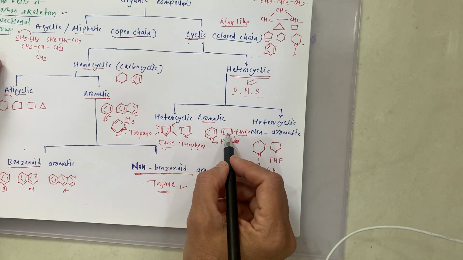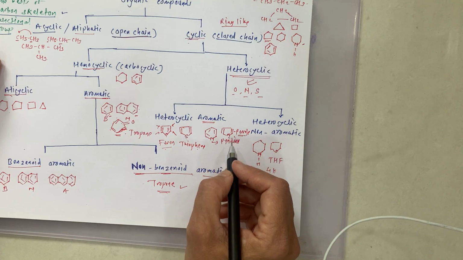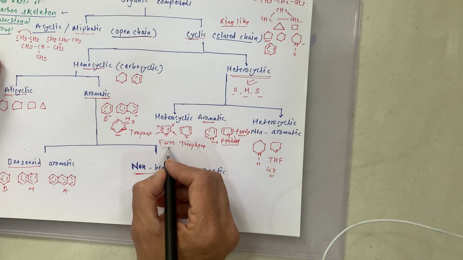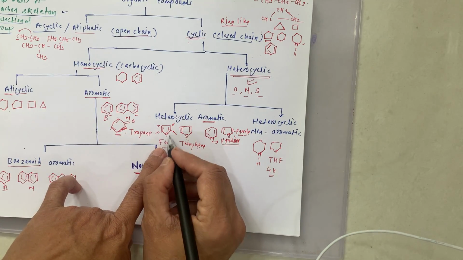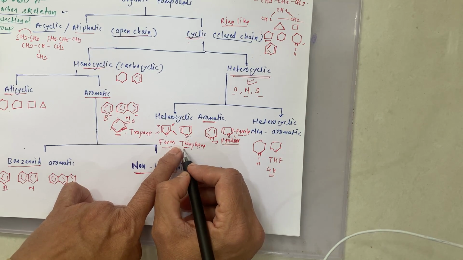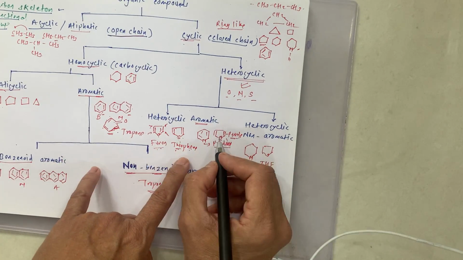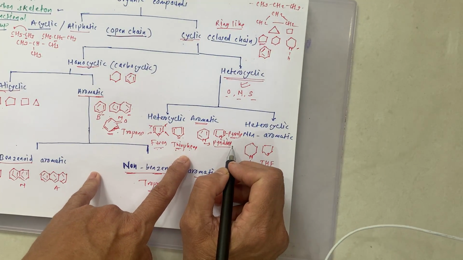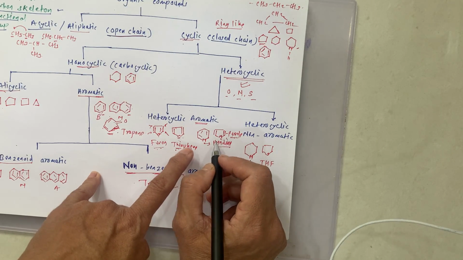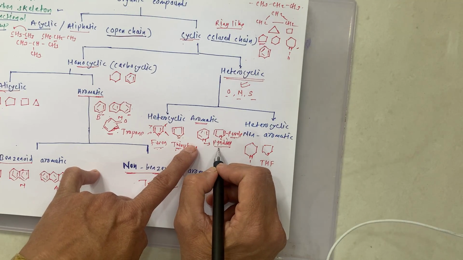Now in the same way, when there is a 1 2 3 4 5 member ring with aromatic character, when one of the carbons is replaced by N, then this is pyridine. This is very easy to remember. O, that is furan. S is always represented in organic chemistry as a thio group, so this is thiophene. Nitrogen is related to amino character, that is pyrrole, and here it is the 6 member ring, that is pyridine.